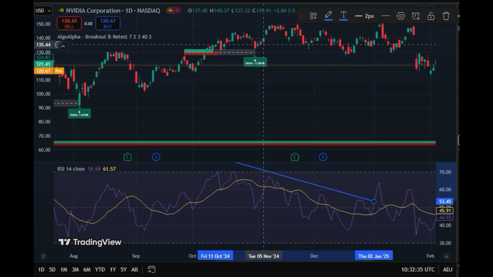Usually, because I'm watching 7 candles in the past, I try to use it for 7 candles in the future.